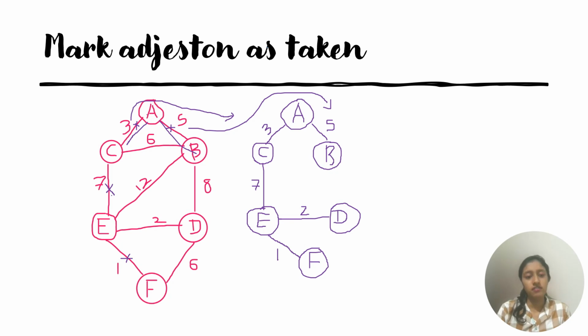E to B. We cannot take it because if we take the E to B edge, it makes a cycle. It is the reason we don't take E to B edge.